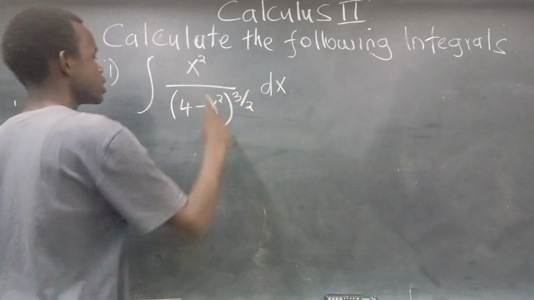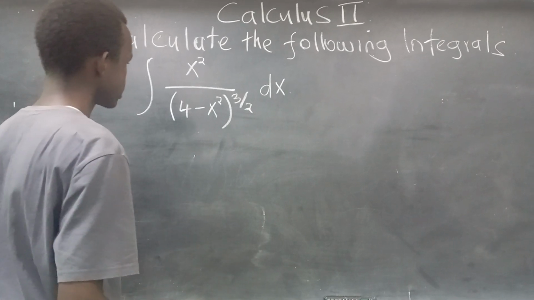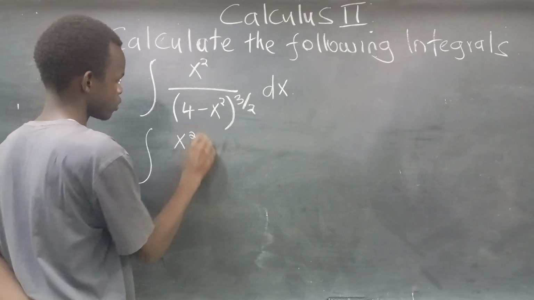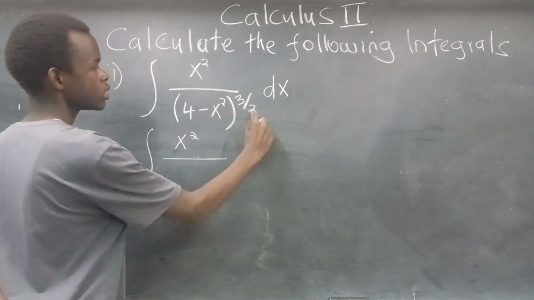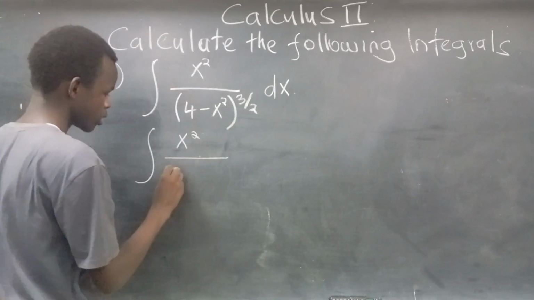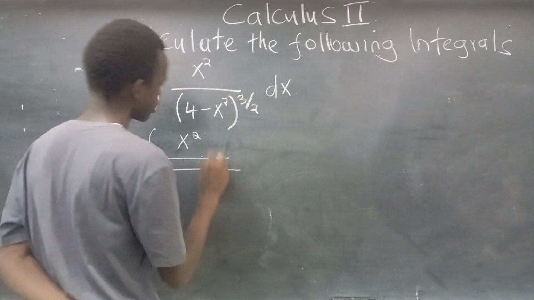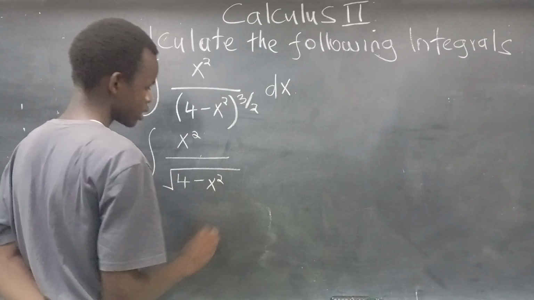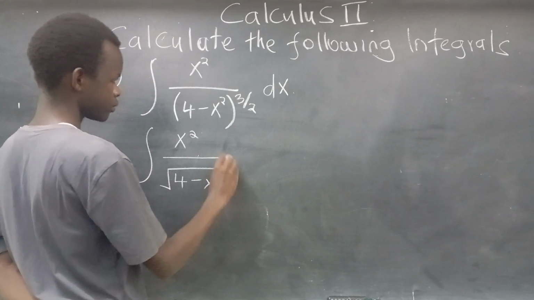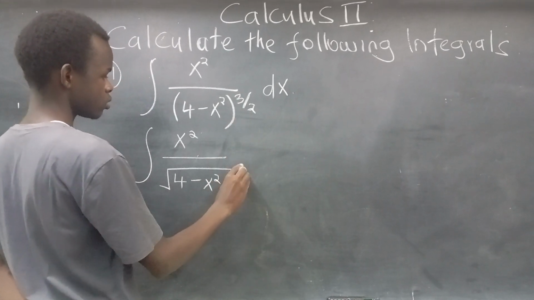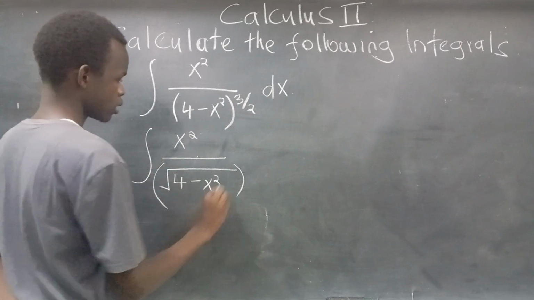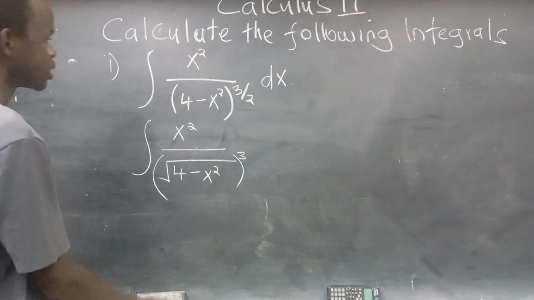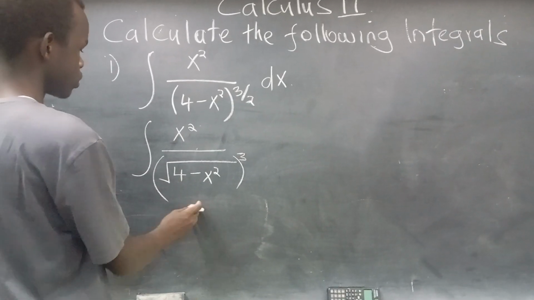So I'll split the integral and write it as the integral of x squared divided by the square root of 4 minus x squared, the whole thing raised to power 3. This is what it means.